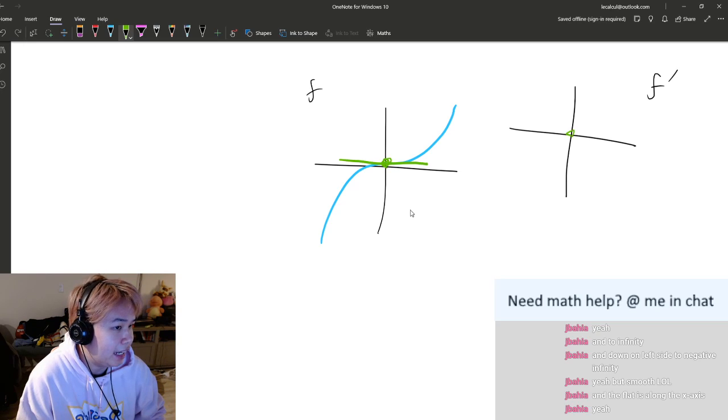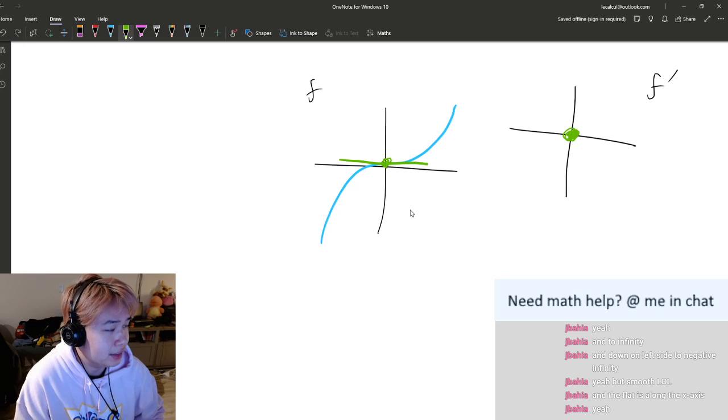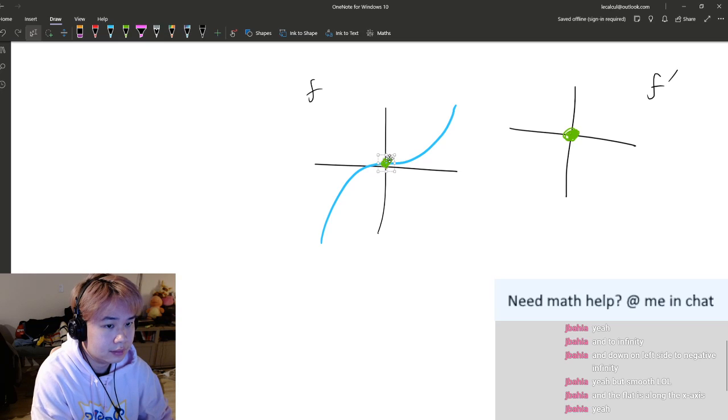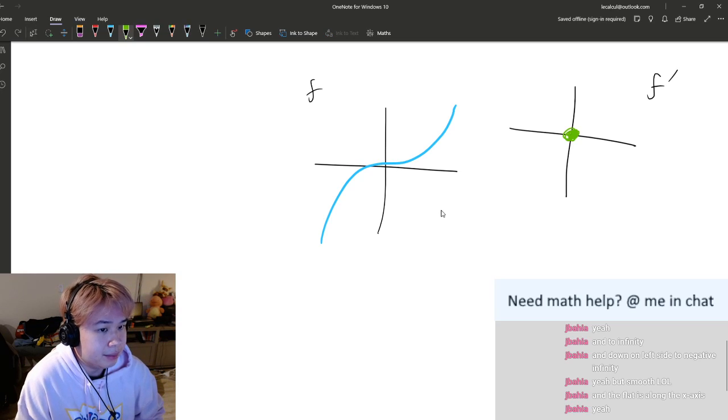So that means that we can add a coordinate with a y value of 0 at the x value of 0. And then, moving along, once you go past the center, your graph starts to slowly get increasingly more positive. So now it's slightly tilted upward.